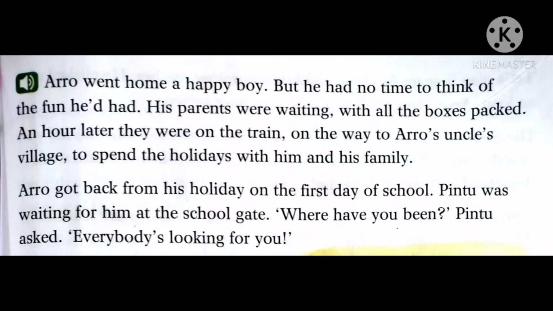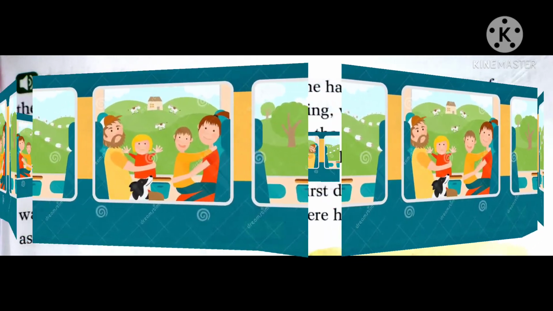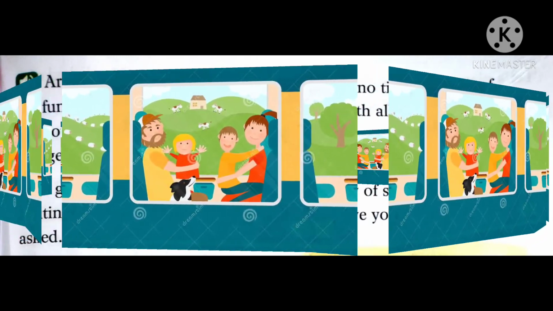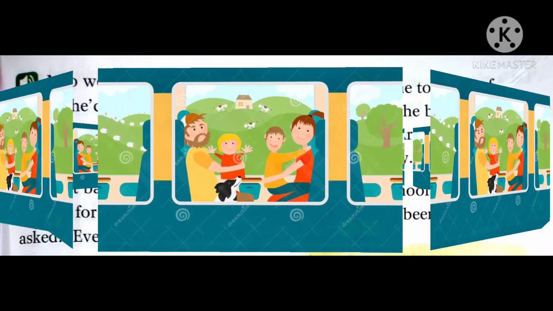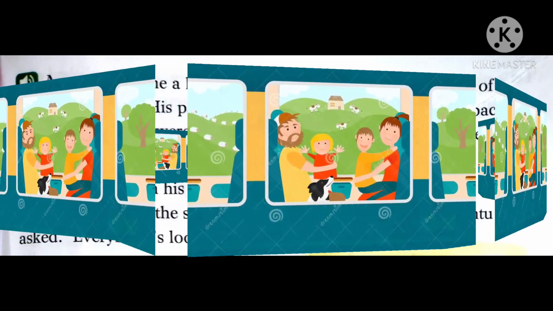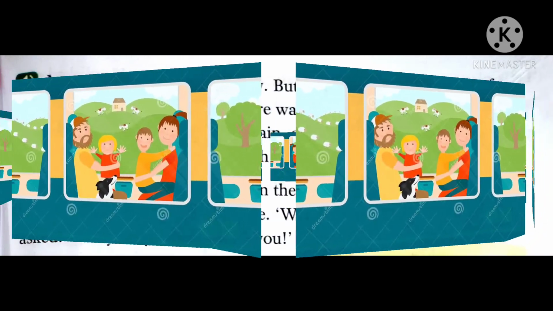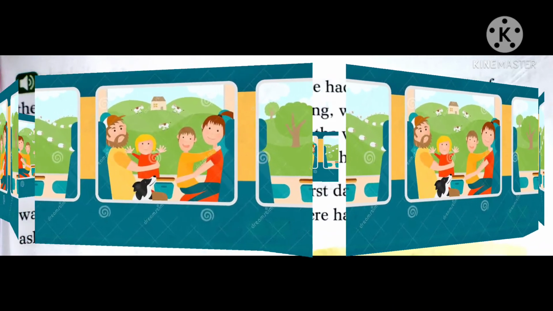Where were they going? They were going on a journey to Arrow's uncle's village, and as soon as Arrow reached home, they left in the train to spend Arrow's holidays with his uncle and his family.